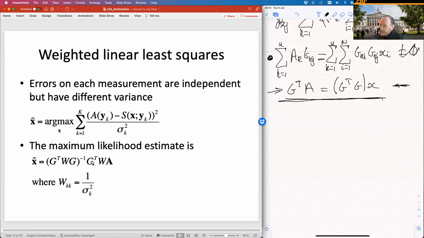So to find the weighted least squares solution, we simply have to introduce this diagonal matrix W. So W is a diagonal matrix with 1 over the variance of the noise on each measurement on the diagonal terms, and we introduce that into the pseudo inverse in this relatively straightforward way to get the weighted least squares solution instead of the basic least squares solution.